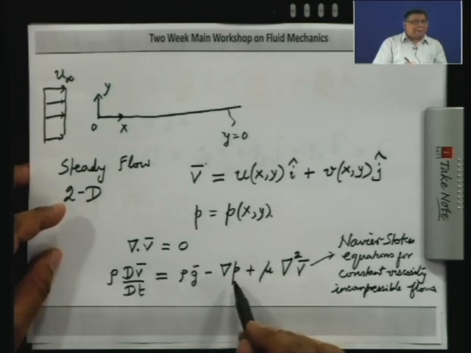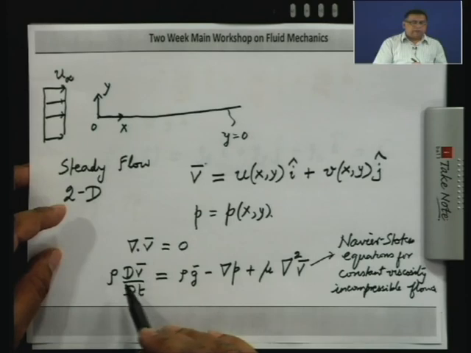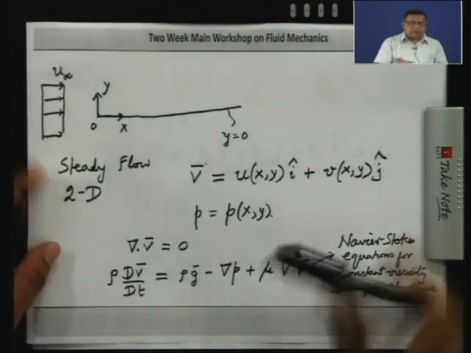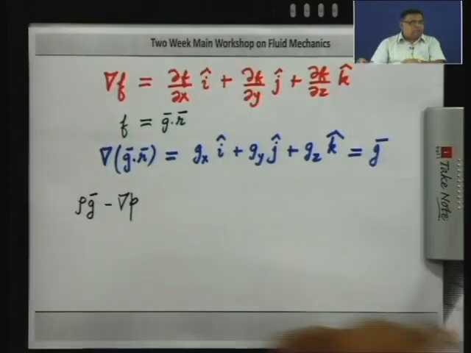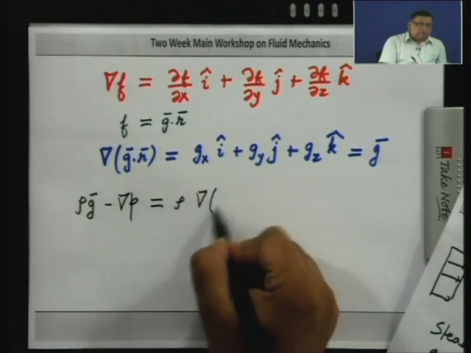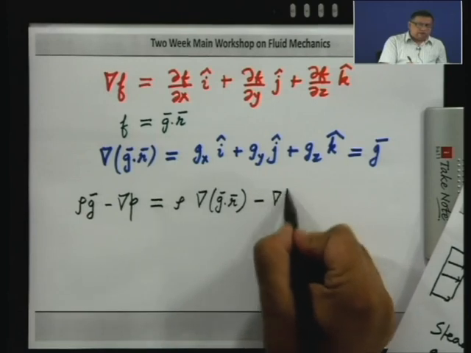The second term is the net pressure force on the fluid particle per unit volume, and the third term is the net viscous force per unit volume on the particle, and the left hand side is the mass times acceleration per unit volume. Now, let us look at the first two terms on the right hand side, rho g minus grad p. This now I can write as rho times grad of g dot r minus grad of p.